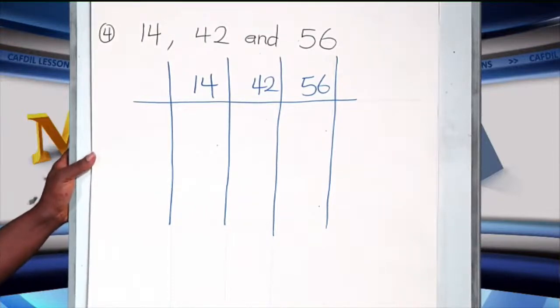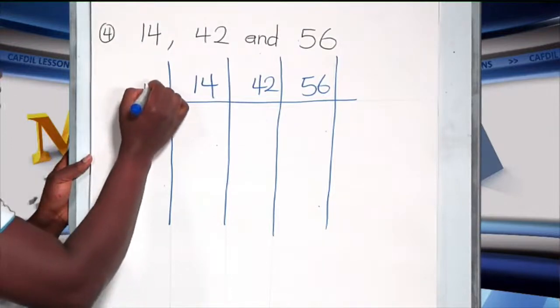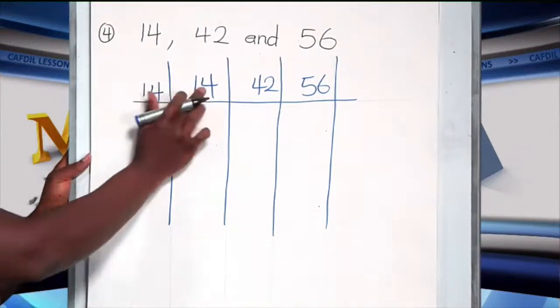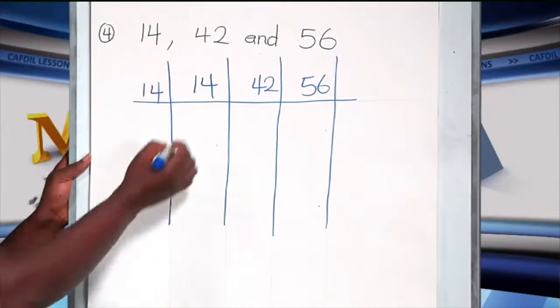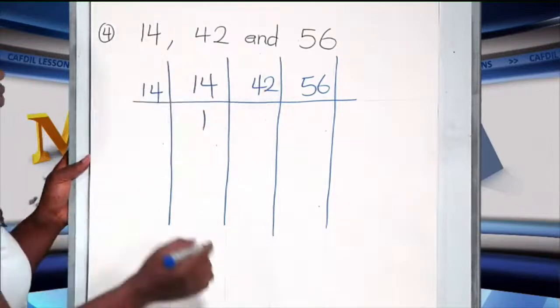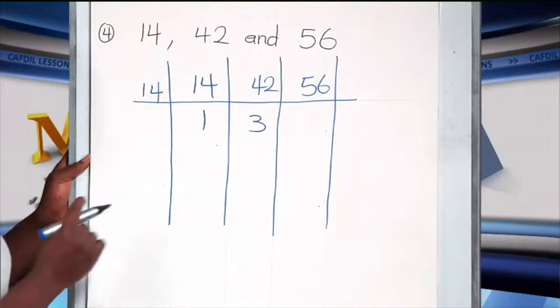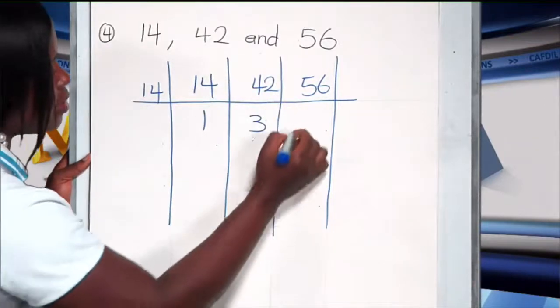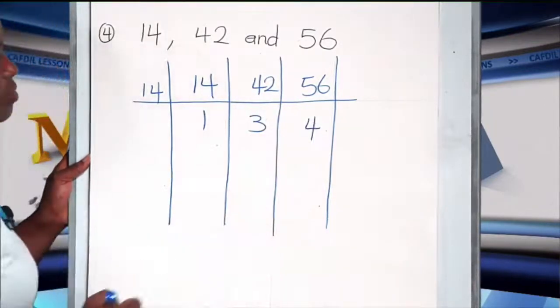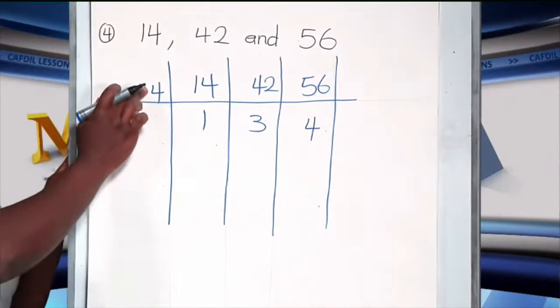I hope you had something like this. So let's continue. We can use 14. 14 goes into itself once. 14 can divide 42. So 14 goes into 42 3 times. And it goes into 56 4 times. So the 14 over here is a star.